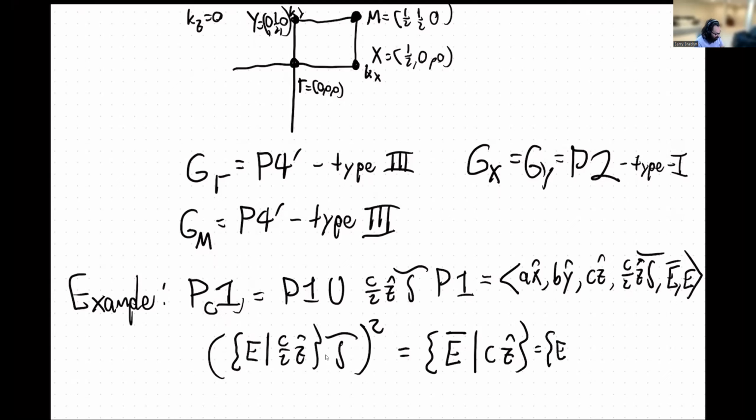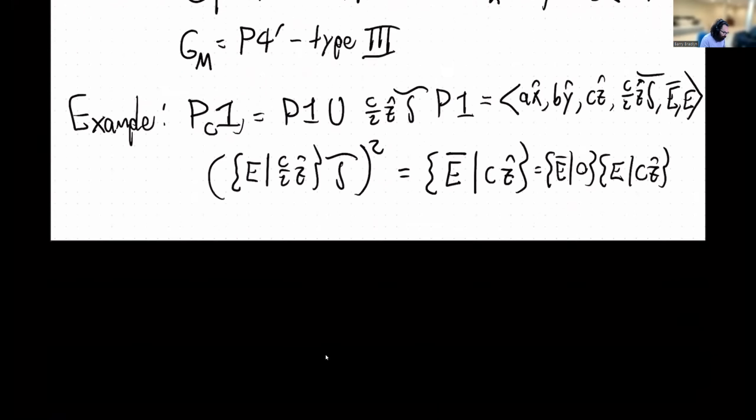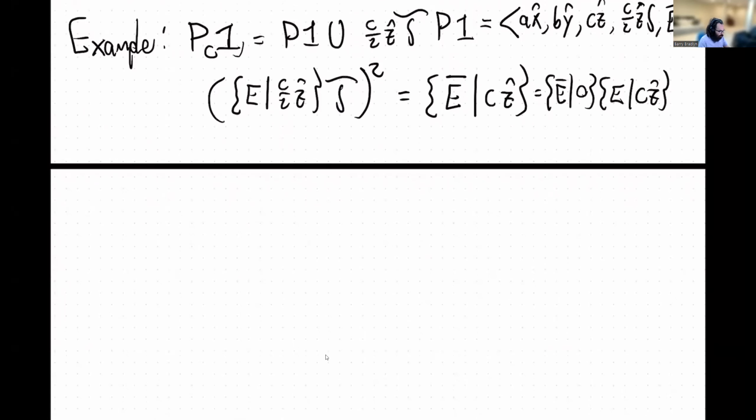I'll write this as the product of two operations: E bar with no translation, and my Bravais lattice translation. So I know how this has to be represented. This operation is in the little group of every k point, because translations leave k invariant and E bar leaves k invariant. And I know how this thing has to be represented on Hilbert space.